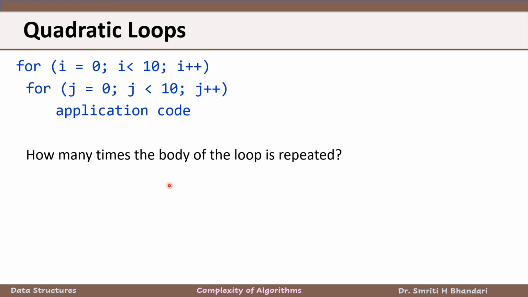The answer obviously is 100 times, the number of iterations of the outer loop multiplied by the number of iterations of the inner loop. So for quadratic loops, the complexity is given as order of n square.